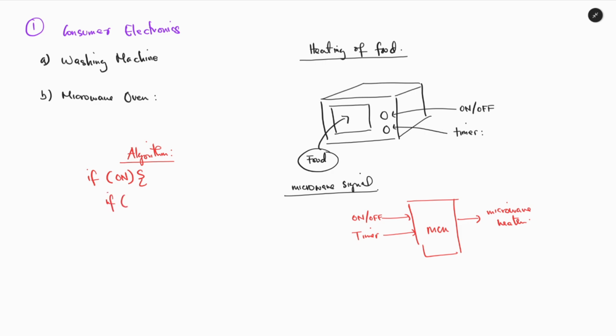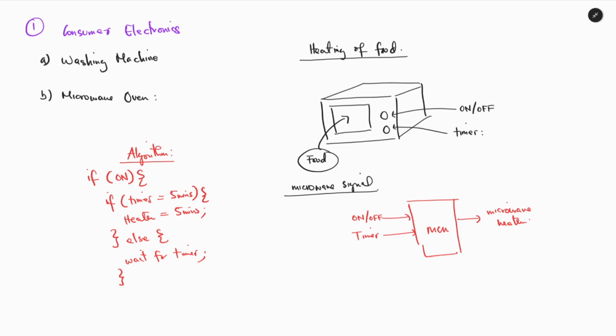So let's say if timer equals 5 minutes, now we can have the statement which says the microwave heater must be switched on for 5 minutes. And let's say else, we can say wait for timer.